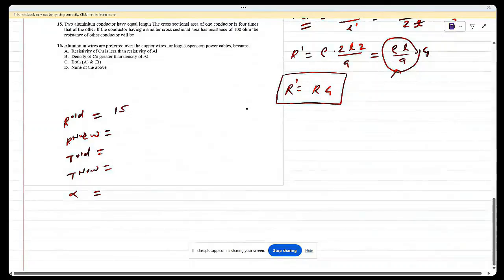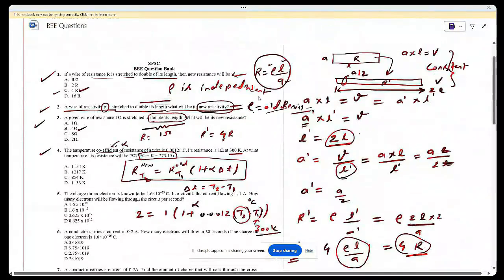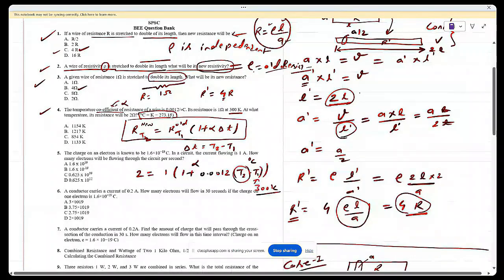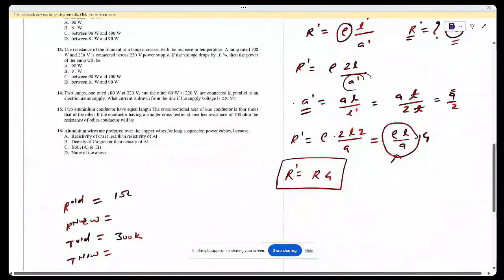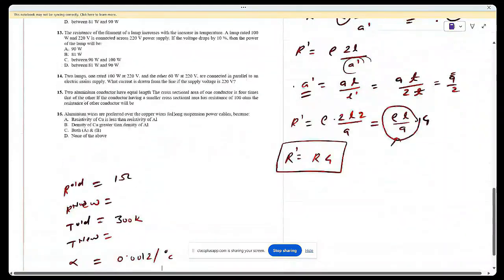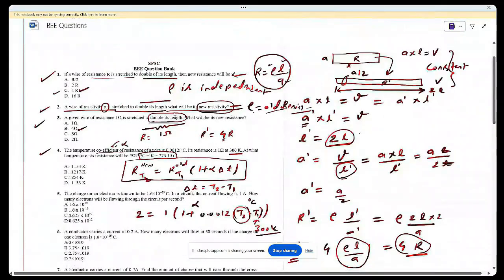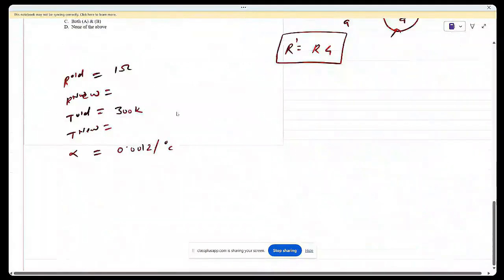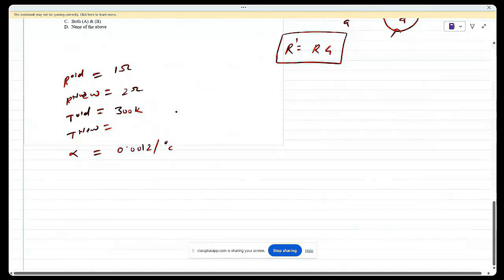So write 1 ohm, and old temperature is 300 Kelvin. Now what are the other quantities given? Alpha is 0.0012 per degree centigrade. No issue. R new is given here, it is 2 ohm.